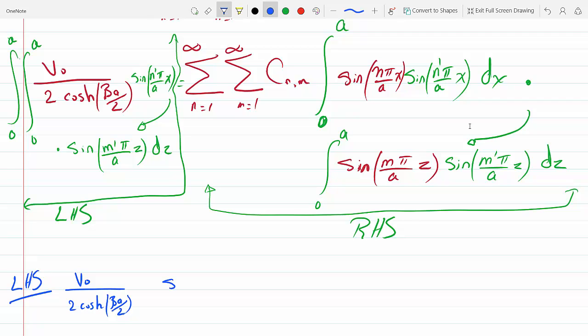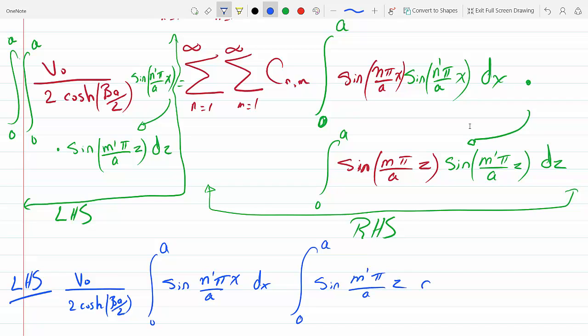So we have sine n prime pi x over a, dx, because we did this on the right hand side, so we have to do it on the left. 0 to a, and then 0 to a, sine m prime pi over a z dz.